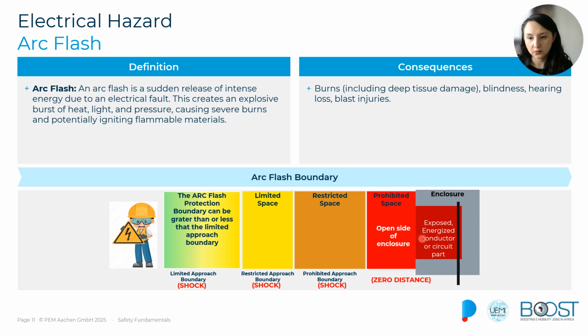If you need to perform any work on the energized equipment, you also need to have a special permit and special documentation that allows and qualifies you to do the work. All of these areas have different requirements to be there, and they also have to be physically delimited in the space.